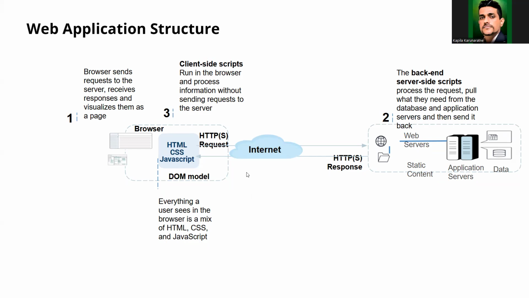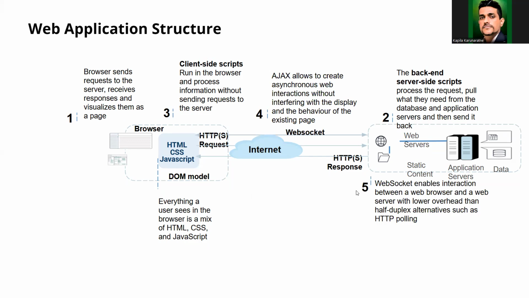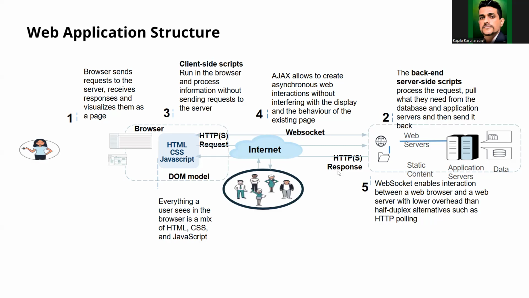So the internet, Ajax or any asynchronous web interactions will be used to communicate between one and two. Right? The fifth is WebSockets, which will enable interactions from the browser to the web server. At this point, WebSockets will be used to communicate with each other. So the internet will be used by the public.